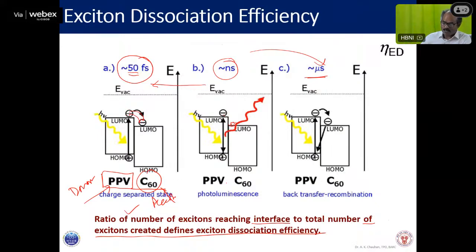In this, we have assumed that all the excitons which reach the interface will be dissociated into electron hole pairs. Whatever will not be dissociated or will recombine is very, very low. Suppose there are 10,000, only a few, like 10, will recombine by both these processes. Out of them, 990 will be dissociated.